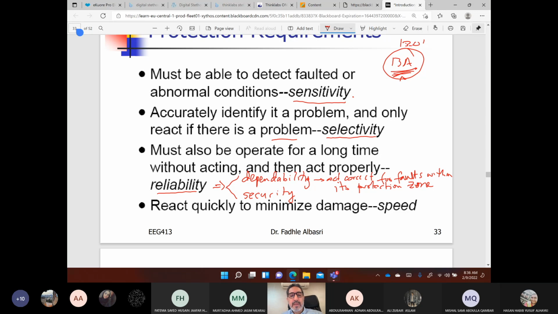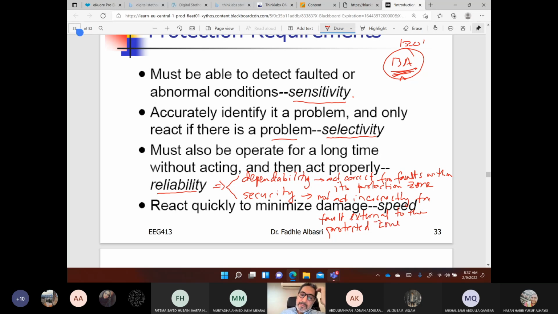But it can act incorrectly for faults outside. So security is related to it should not act incorrectly for faults external to the protected zone.